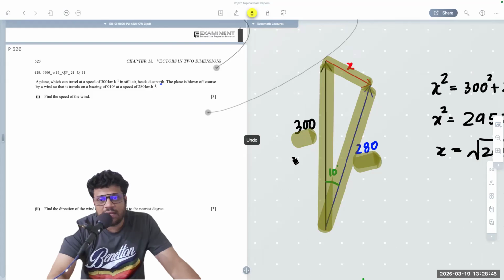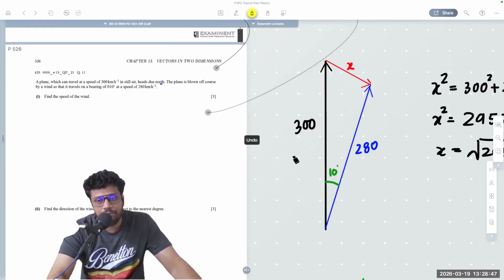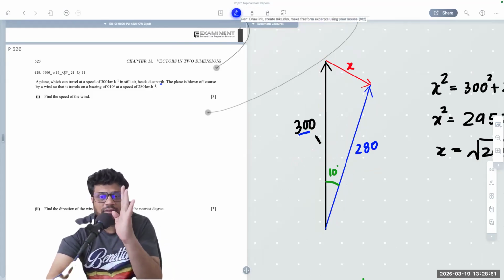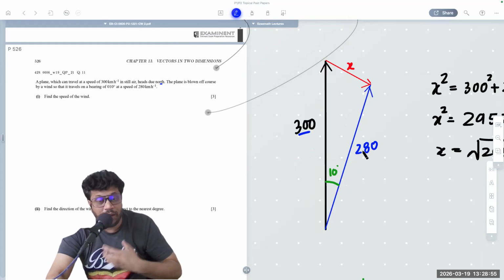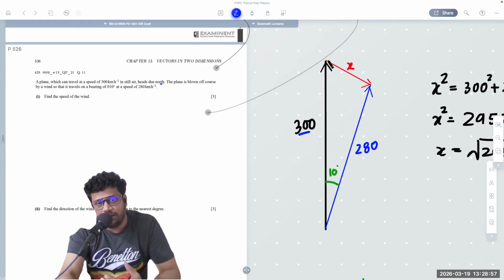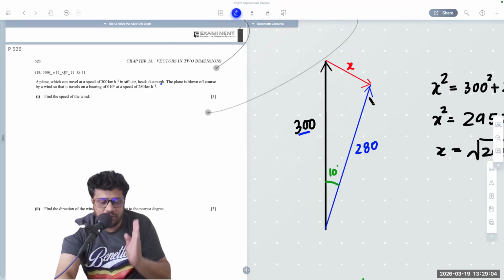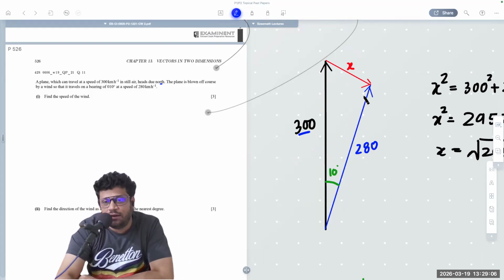So that is the diagram now. 300 is supposed to be north, 280 at a bearing of 10, because there was wind in that direction coming onto the plane, which actually blows it off course. So that was the situation.